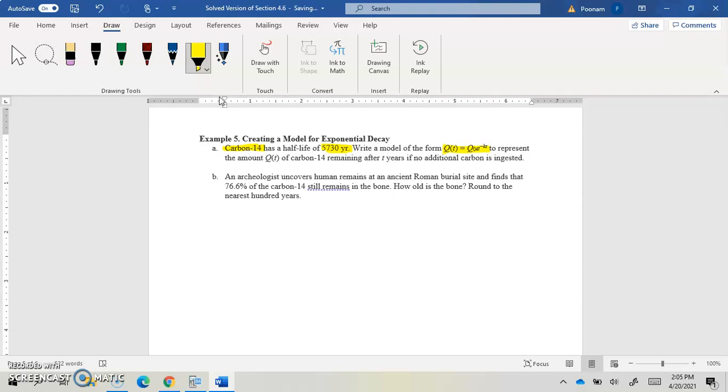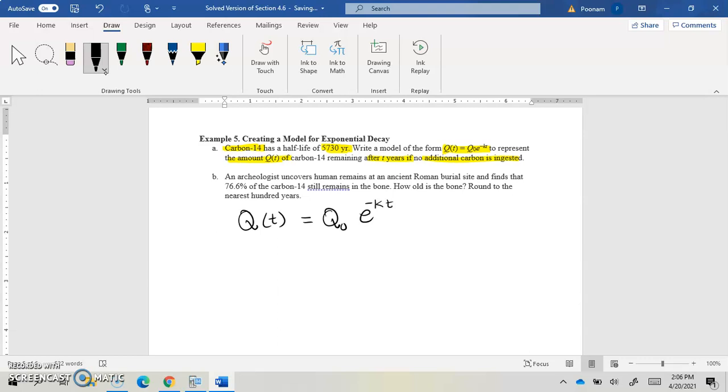Now notice, because it's a decay function, the carbon is decaying over time, the power is negative. To represent the amount of carbon after t years if no additional carbon is ingested. So the question is, Q(t), the amount of carbon in t number of years, is given as Q naught times e raised to power negative kt.